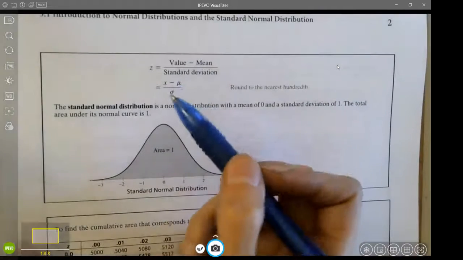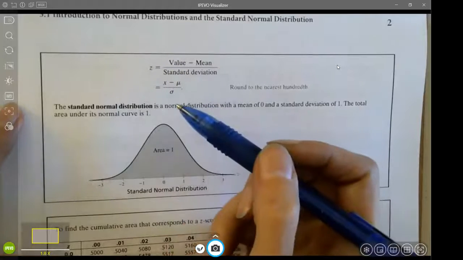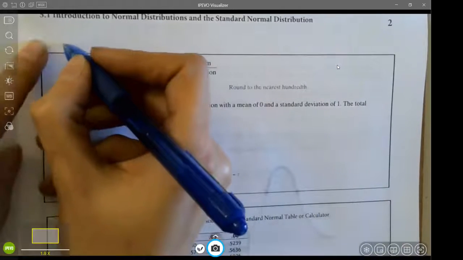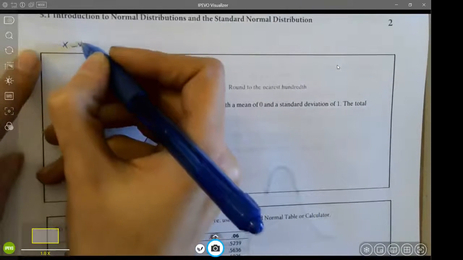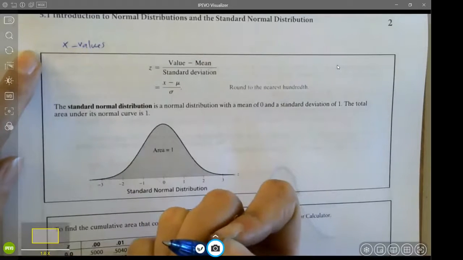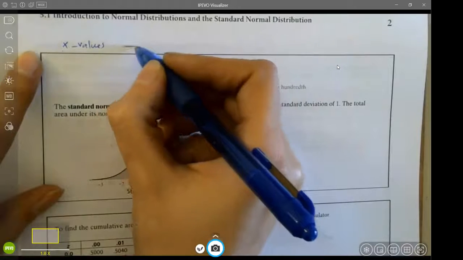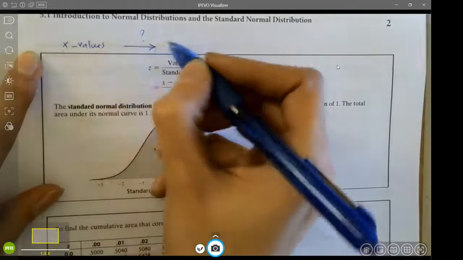So here's a question. We know that when we collect data, the data are in X values. How do we convert X values into Z values?